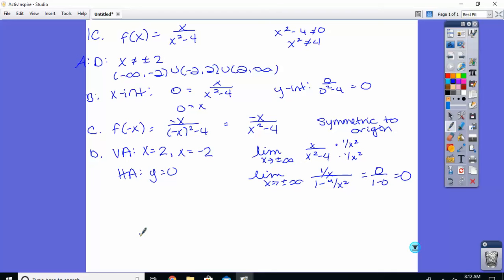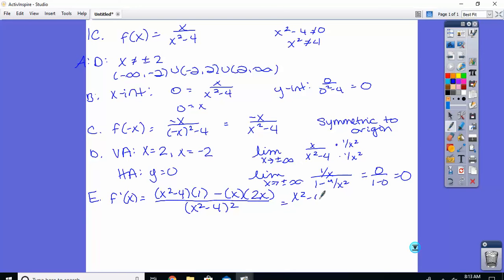All right. Step E was increasing and decreasing. So what do we have to do here? Derivative. We're going to have to do quotient rule. So low d high, minus high d low, over low squared.